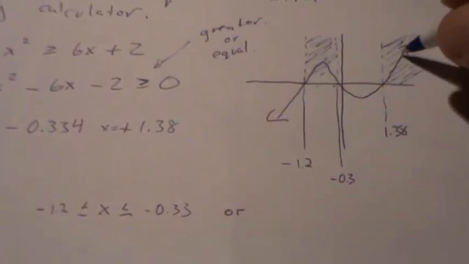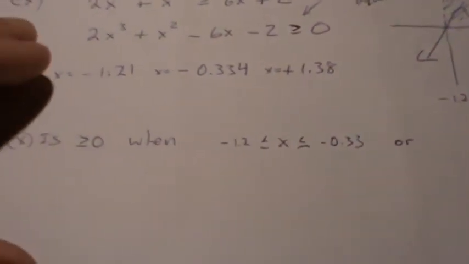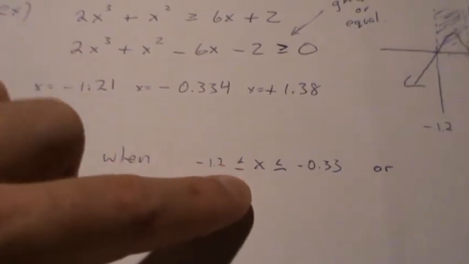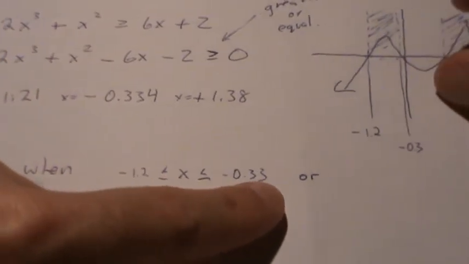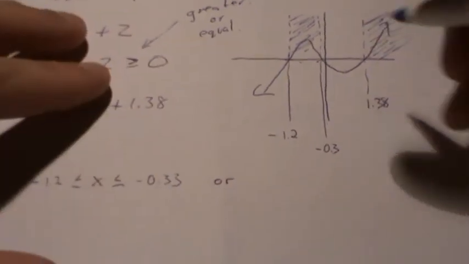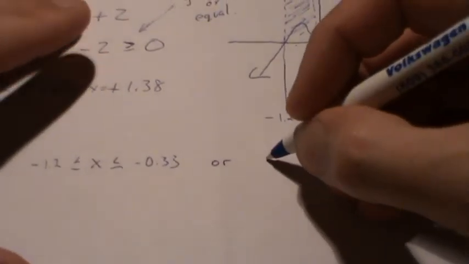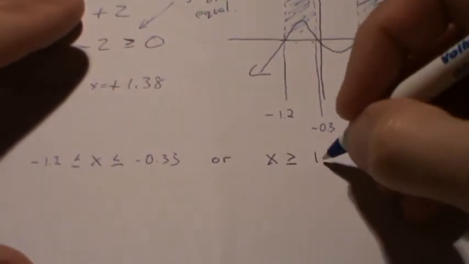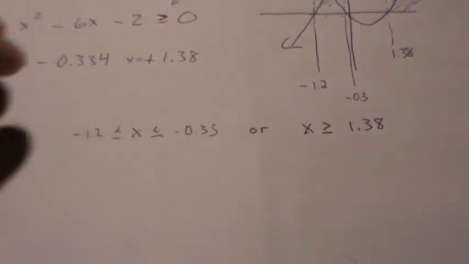Or we also need to cover this interval over here. So we could say f of x is greater than or equal to 0 when x is between these two, or when x is greater than or equal to 1.38.